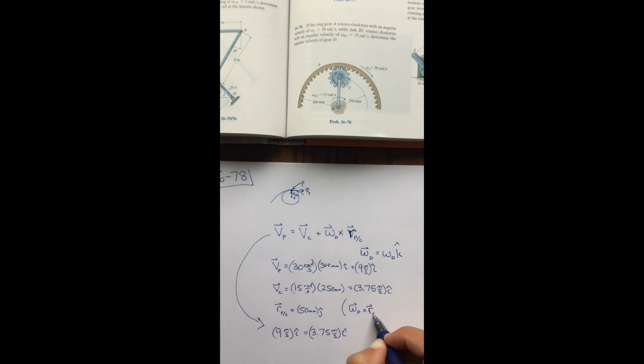That would be omega D k hat crossed with 50 millimeters in the j hat direction. And k hat crossed with j hat gives me negative i hat.